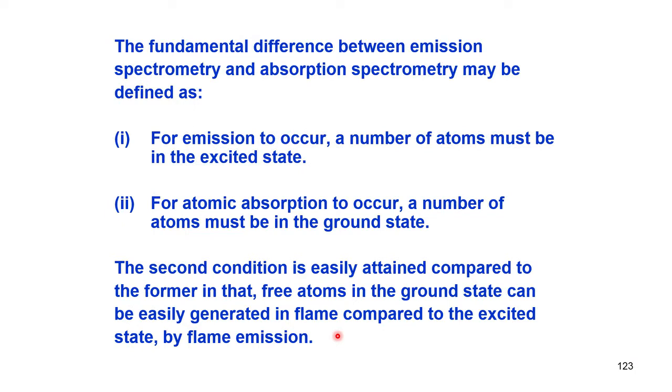So, the second condition is usually harder to attain compared to the former, that is, electrons being in the ground state. That means, free atoms in the ground state can be easily generated in the flame compared to the excited state by flame emission.